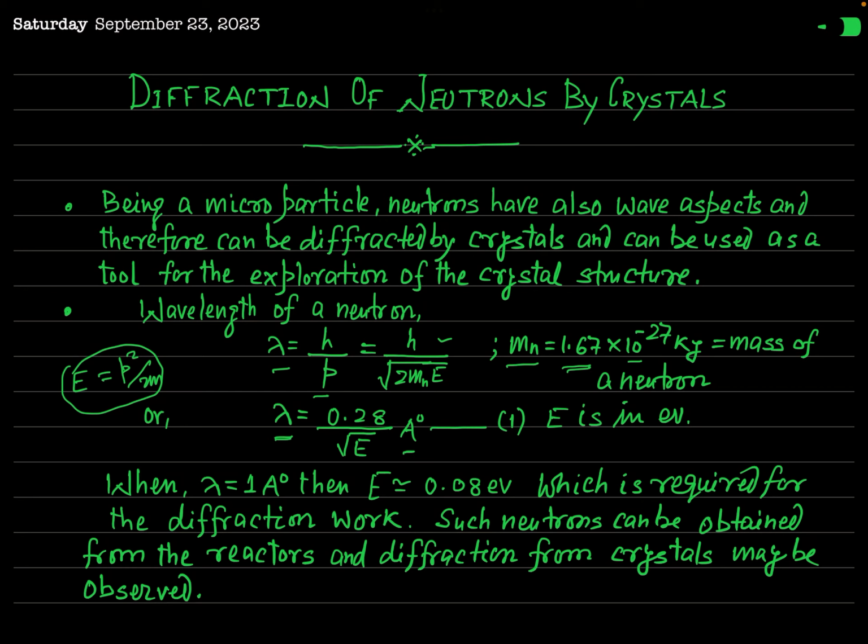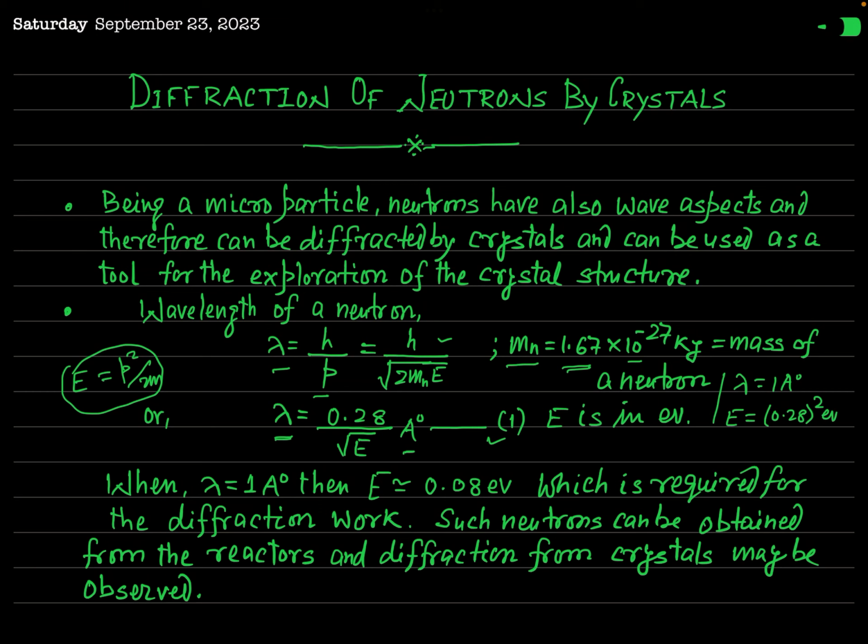If we consider that lambda is equal to 1 angstrom, then what will be the energy? From this equation 1, you can see easily that energy E will be equal to 0.28 squared electron volt.